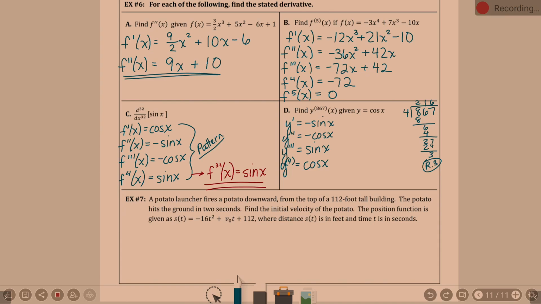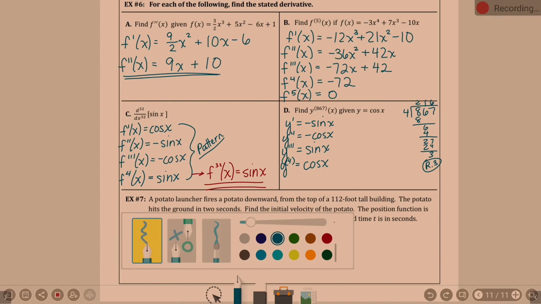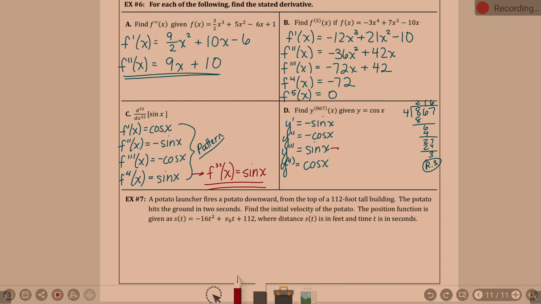So at the 216th time, we're going to be at cosine. And then we have to go 1, 2, 3 more. Does that make sense? So the 867th derivative is going to be sine x. As I said, I knew I could get you guys the basics here.